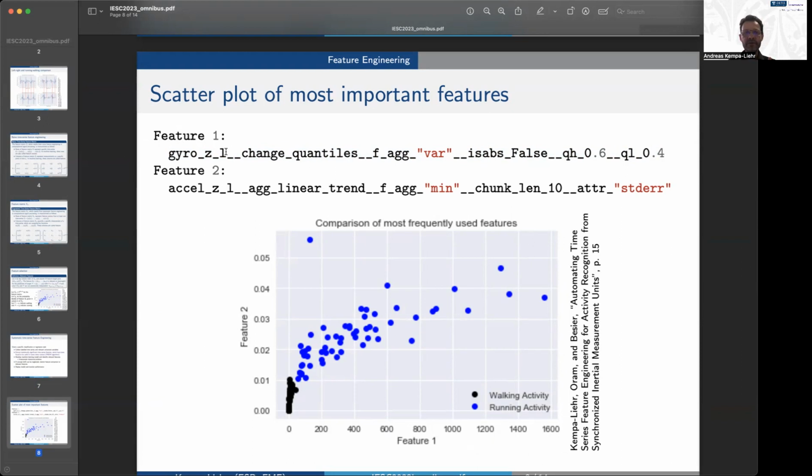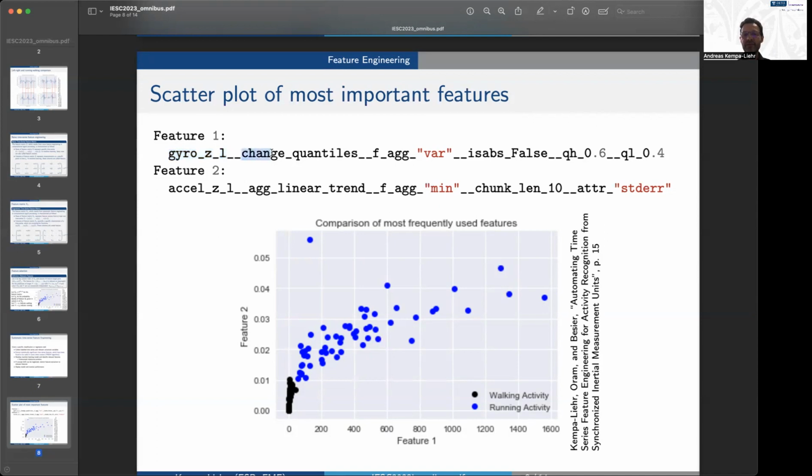The first part of this name, everything before the two underscores, is the name of the input time series. What we're seeing here is the time series gyroscope in Z direction, so the rotational velocity in Z direction of the left sensor system.